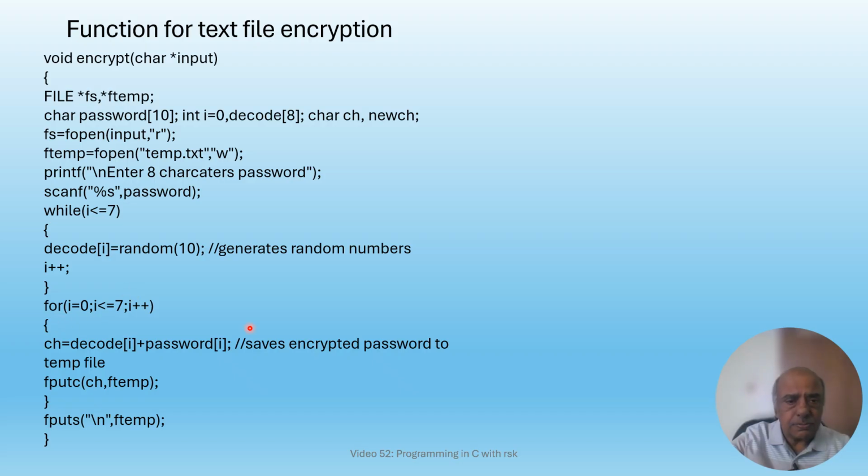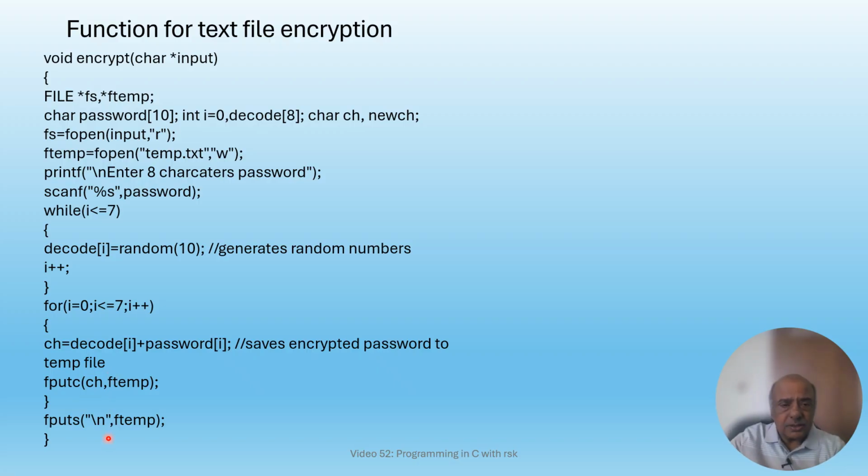This is a for loop, and the characters which form the encrypted password will be stored in the temp file by this function, fputc(ch, ftemp). This function writes the password to the file temp.